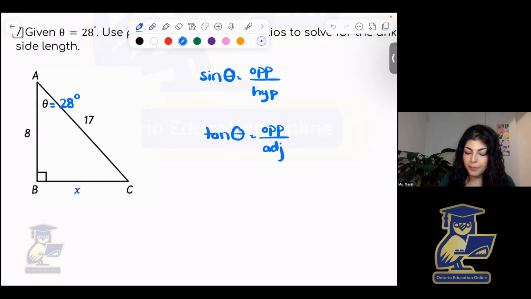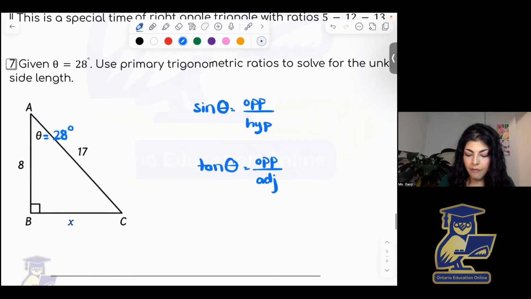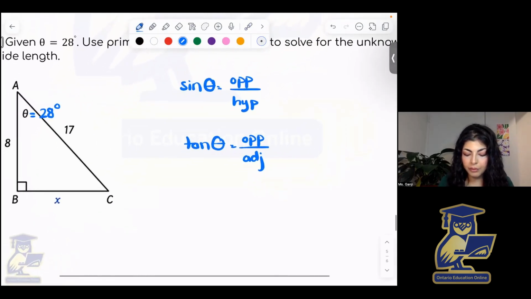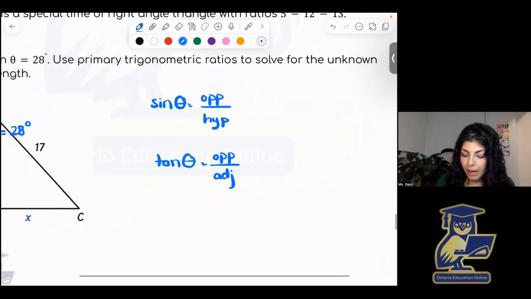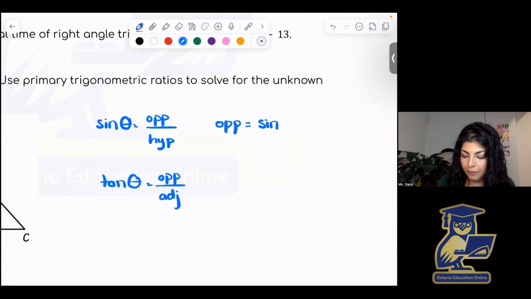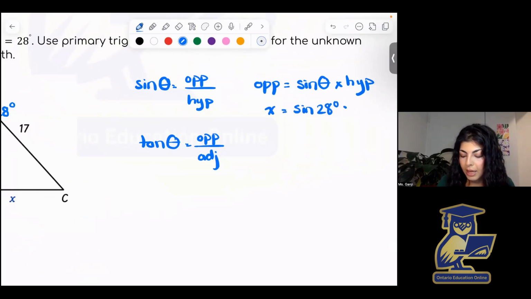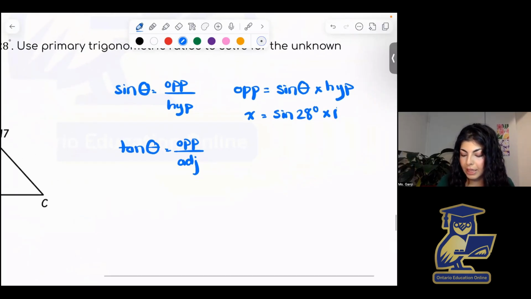So here's now where you're going to use your calculator, and we have to evaluate sine of 28. But I will simplify a little bit more because I want to solve for the opposite side here. I know that sine of theta is opposite over hypotenuse, so the opposite is sine of theta times the hypotenuse. So then x is equal to sine of 28 degrees times the hypotenuse, which is 17.